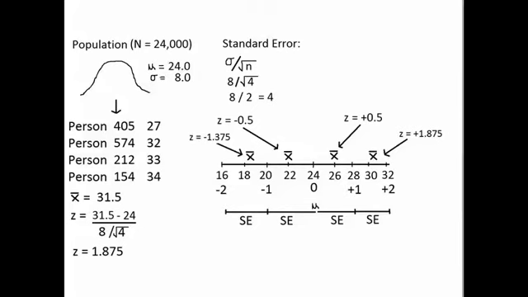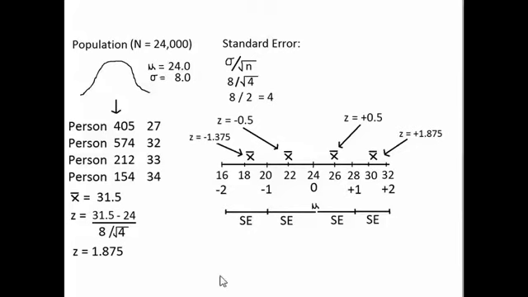The central limit theorem allows us to predict the shape of the sampling distribution. The central limit theorem says that when the population that's being sampled is normal, the sampling distribution will always be normal. And when the population being sampled is not normal, the sampling distribution will be roughly normal with a sample size of 30 or larger.